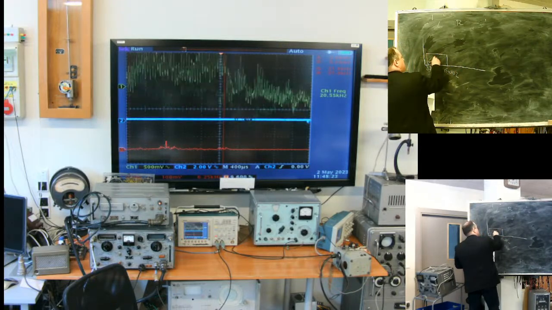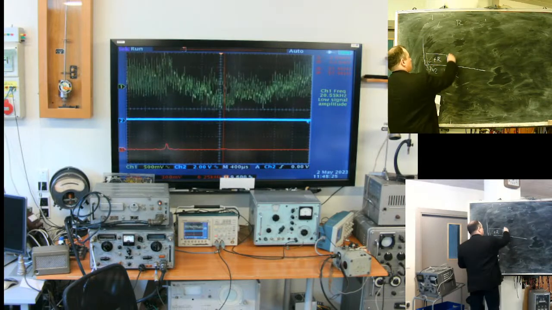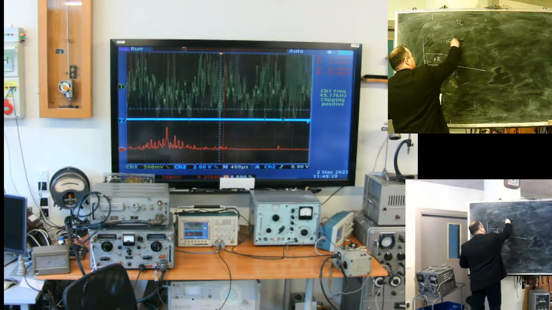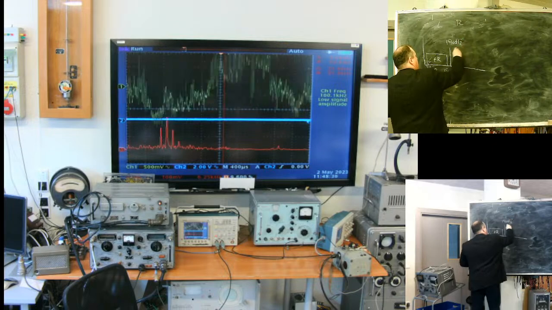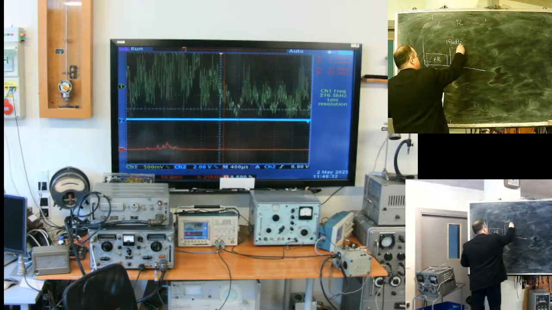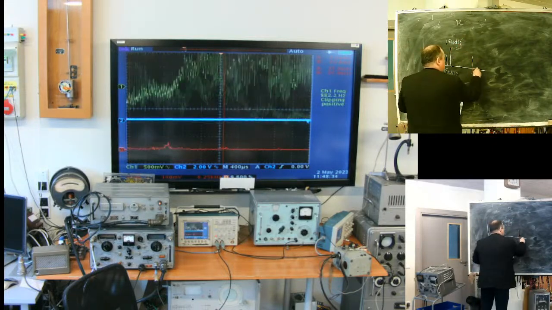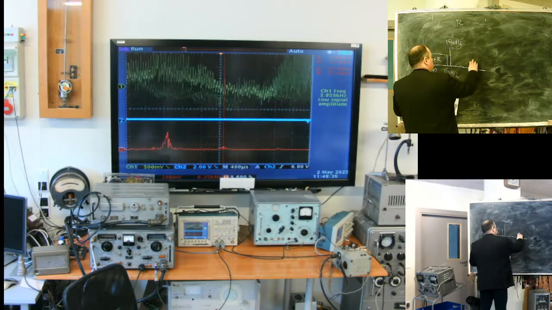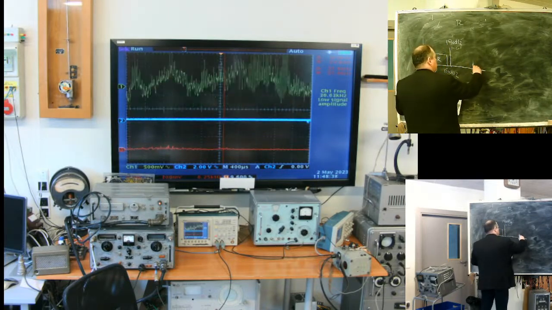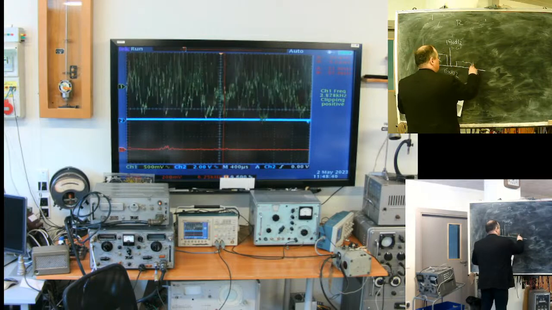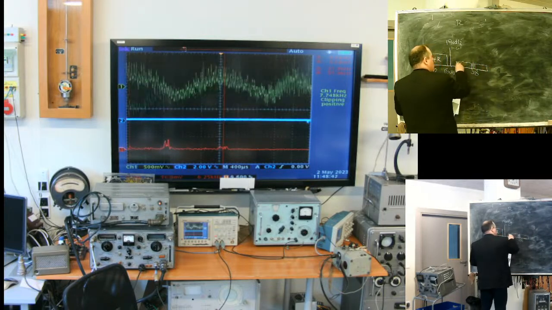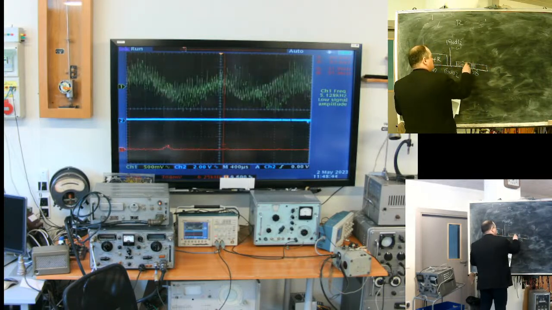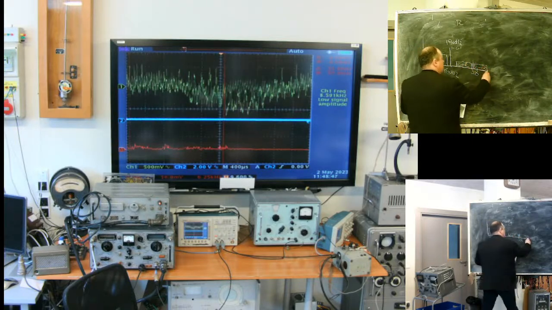This is left plus right, monophonic sound. 19 kilohertz, pilot. 38, suppressed carrier, and around it, left minus right.